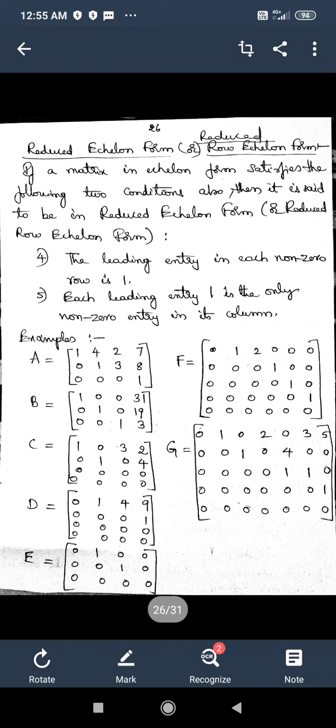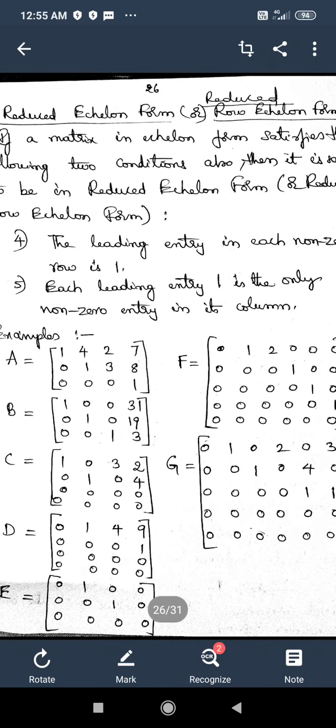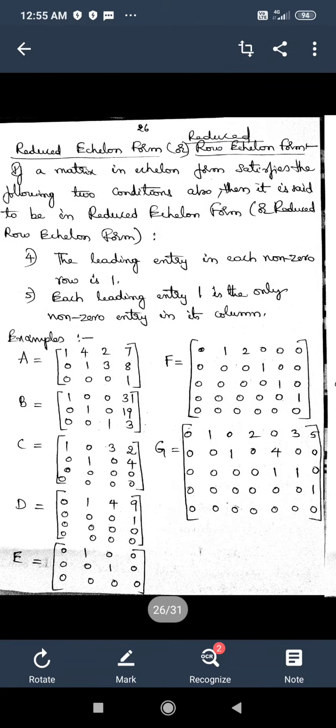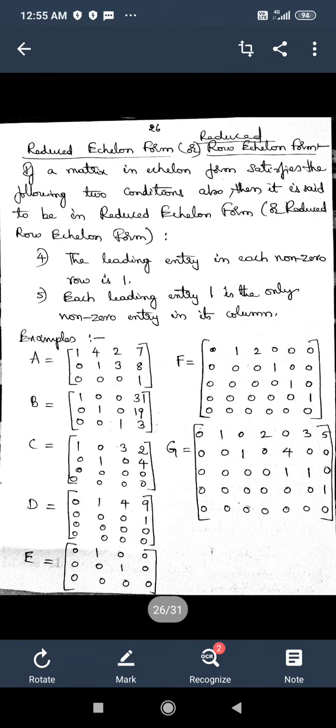That is the reason I have given these conditions as fourth and fifth. In the echelon form definition, we have gone through three conditions, and if these two conditions are also added to those three conditions, then that matrix is said to be in reduced row echelon form.